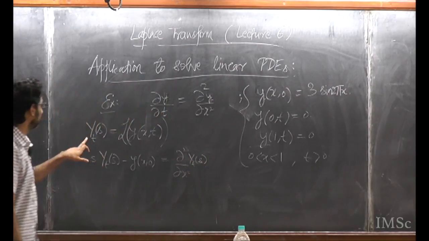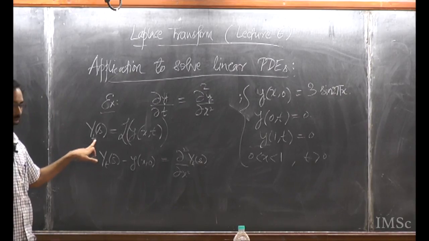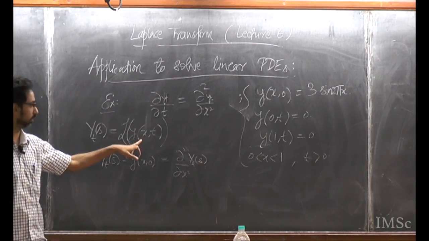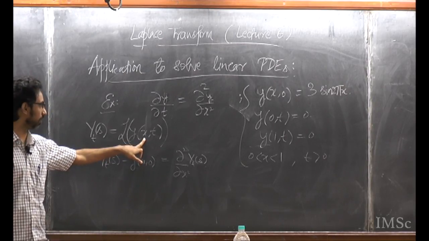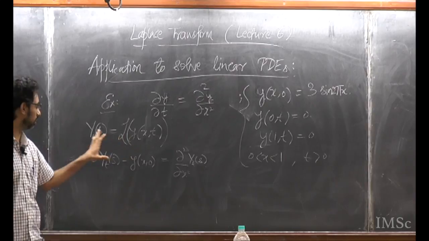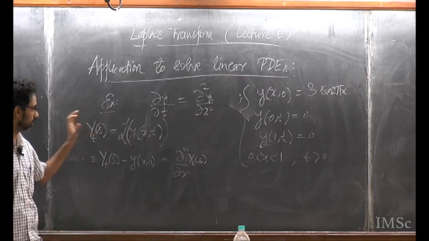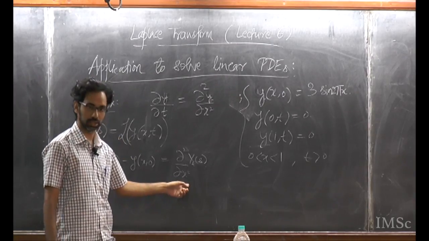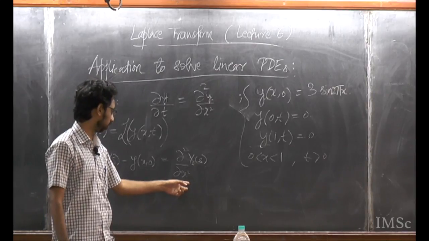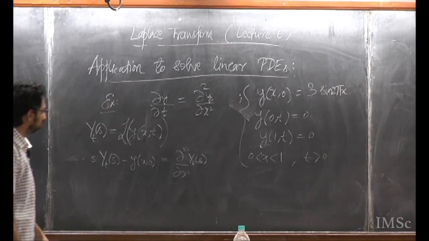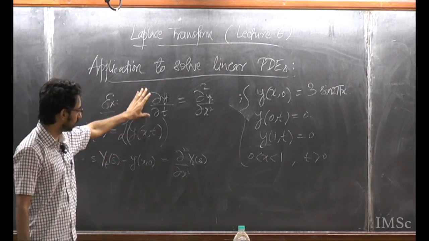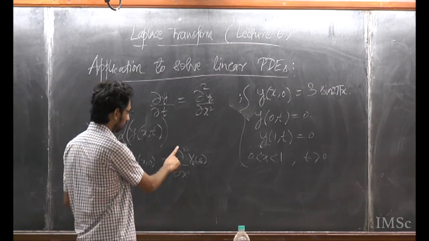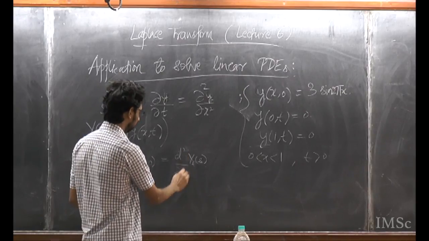So remember that Y(x,s) is also a function of x, because we did not do the Laplace transform on the x variable. So x is still inside this function, so we can differentiate it with respect to x. So there are no derivatives in terms of t, and we can think of it as an ordinary differential equation.